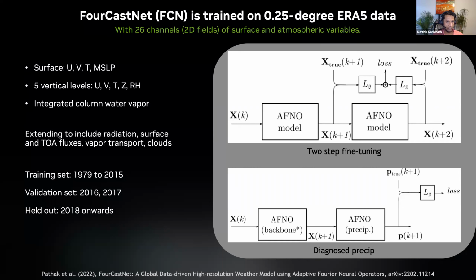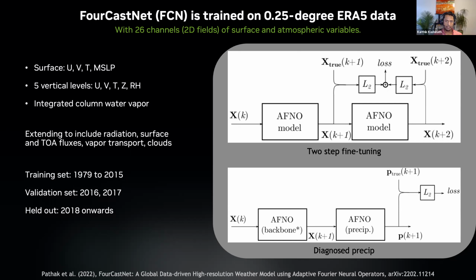On the surface, we have 10-meter winds, temperature at 2 meters, and mean sea level pressure. We have 5 vertical levels, so fairly coarse in the vertical, but we have information from velocities, temperature, geopotential, and relative humidity at the surface at 850, 500, 250, and 50 hectopascals, and integrated column water vapor as well.